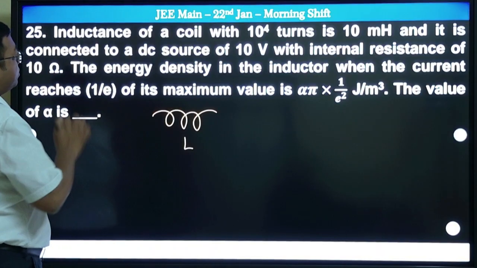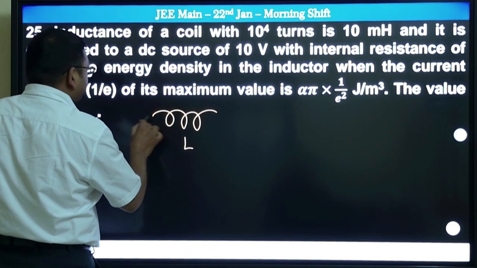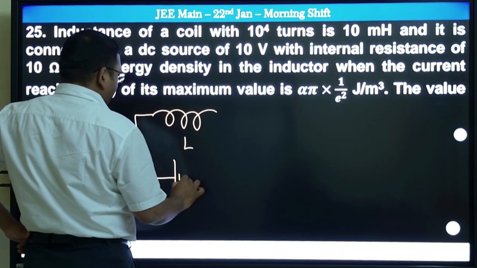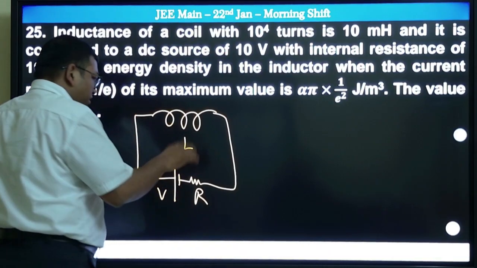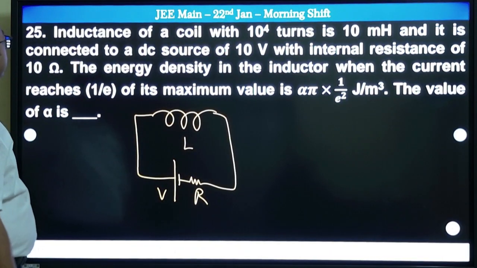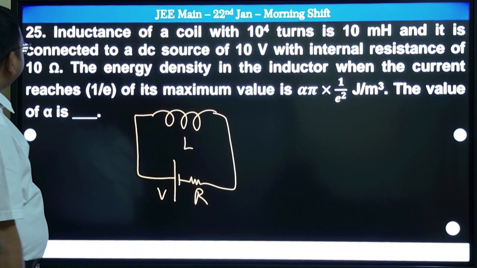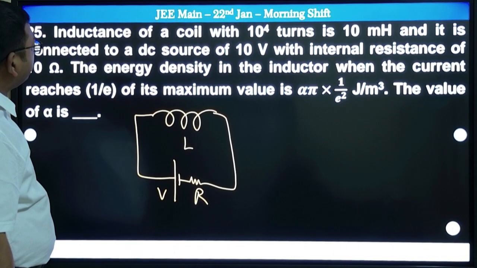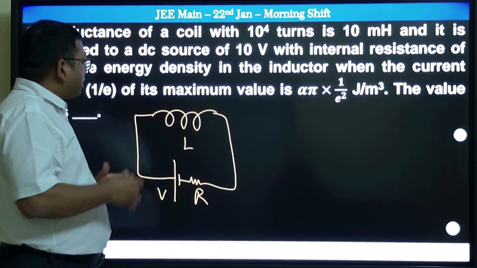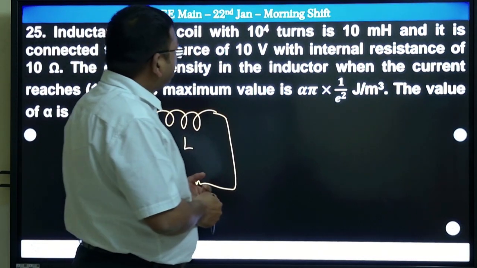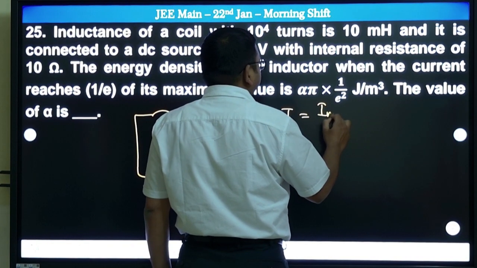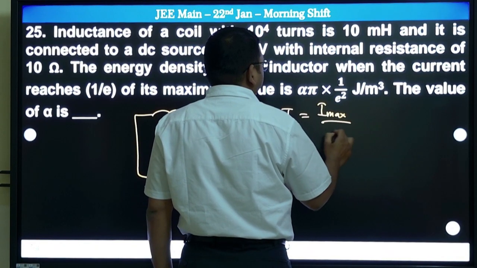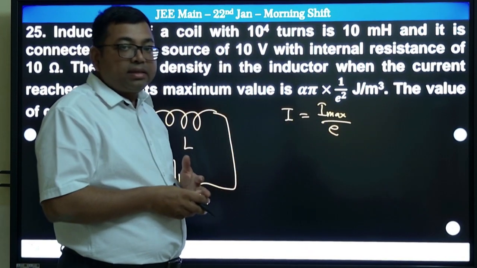It is connected to a DC source with internal resistance. That means it is connected with a battery and some internal resistance. So R is also there, and voltage. So this is an LR circuit, right. The current reaches 1 by e of the maximum value, so current becomes I max by e. What is the formula for current in this circuit?